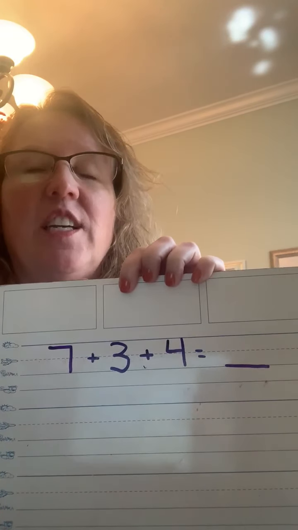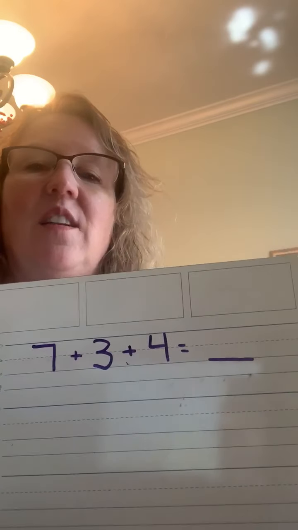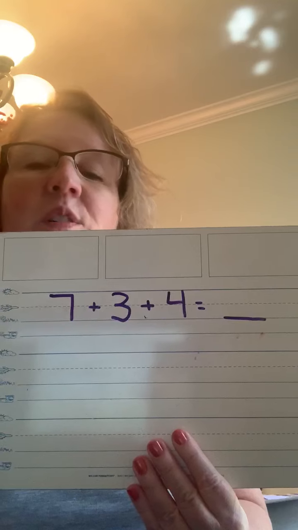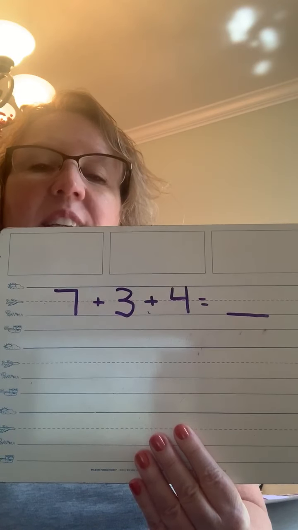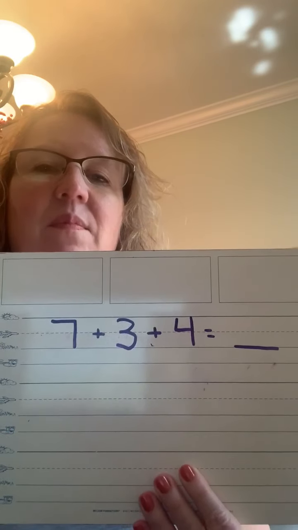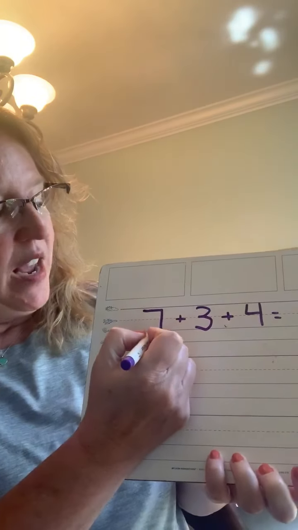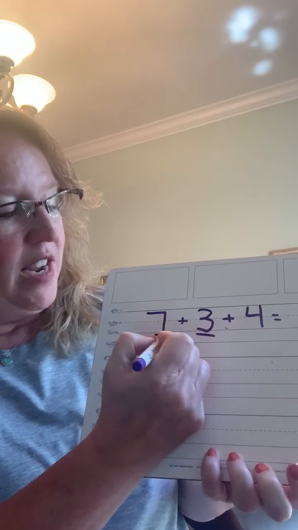Now, I want you to look. Our lesson that we just finished and quizzed on yesterday was to make a 10. Does anyone see a way we can make 10? I hope you found it. We have 7 and 3.